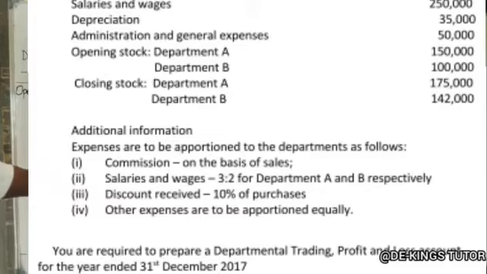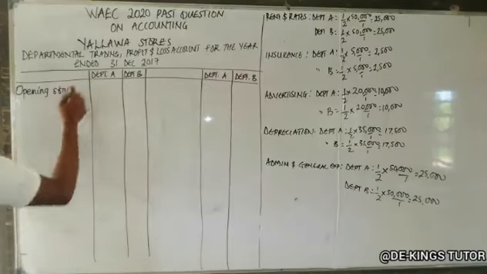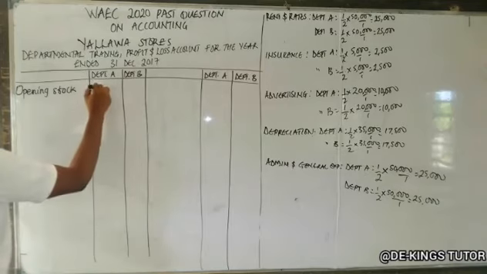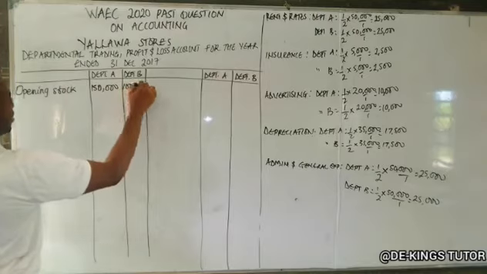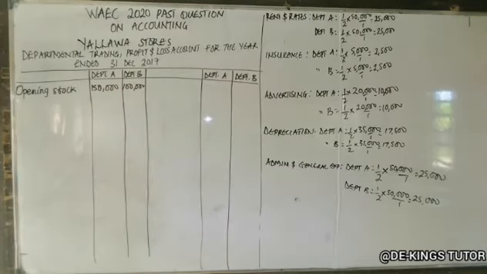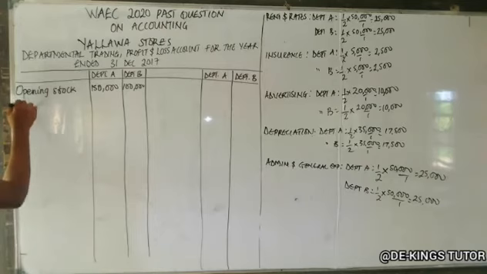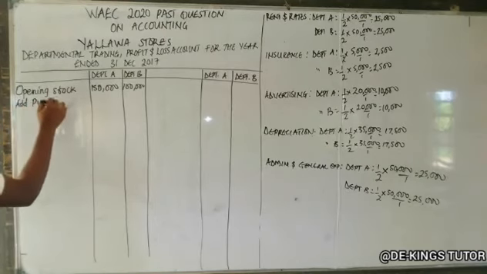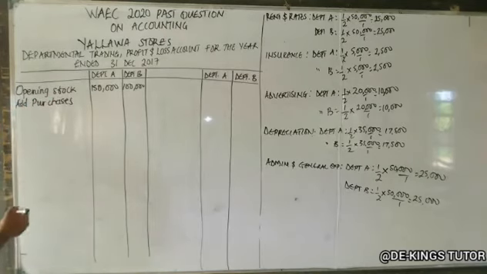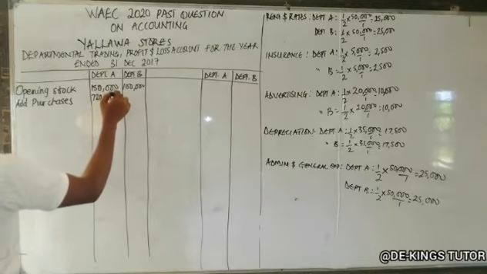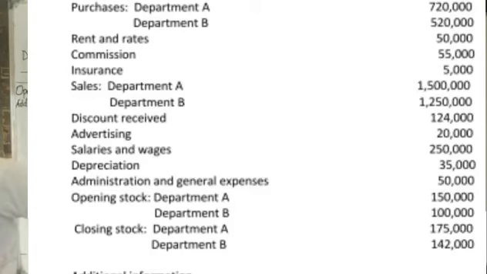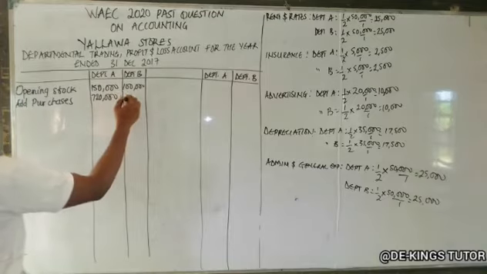So we are opening stock. Now you check there, our opening stock for Department A is 150,000. For Department B is 100,000. Okay? So the next thing that comes after this is, add purchases. So our purchases in the question there is 720,000, and Department B is 520,000.